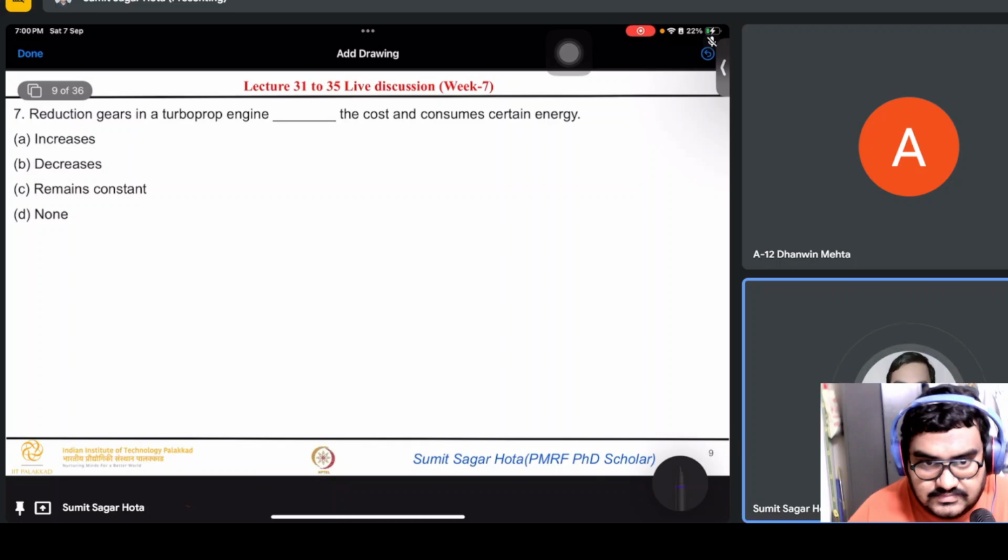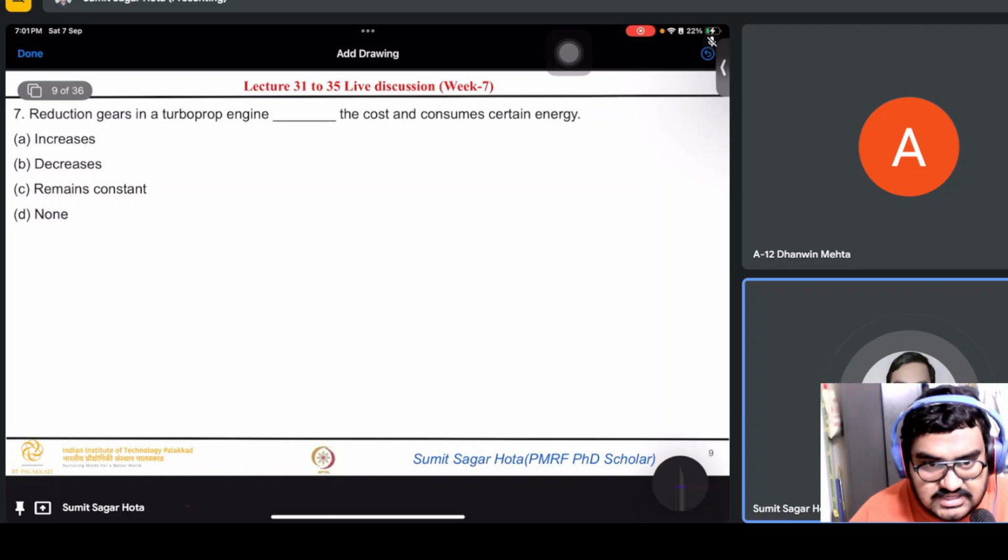And obviously, in the reduction gear mechanism, some power wastage will be there from the turbine shaft, because they are not 100% efficient.